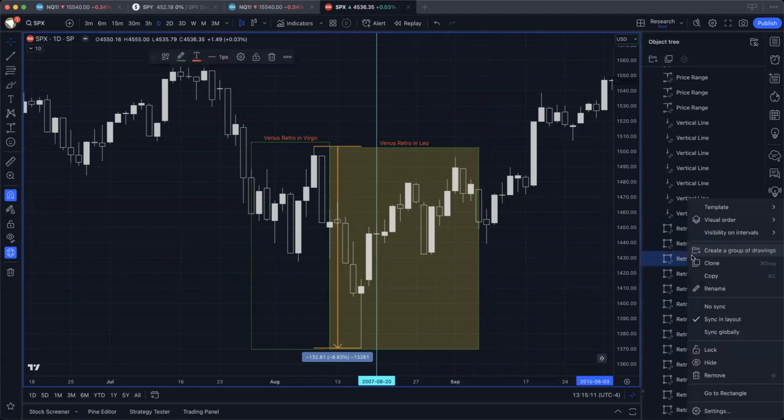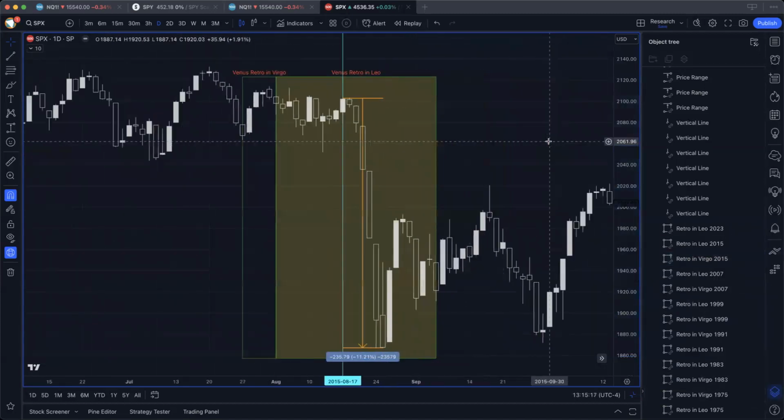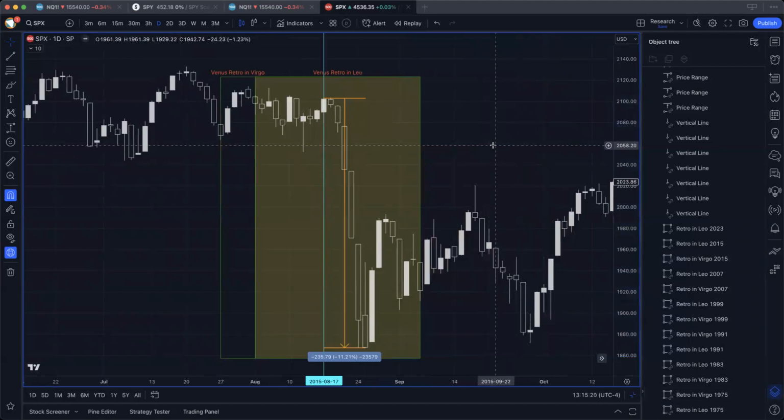And then 2015. Okay, so 2015 had a pretty significant flush down. The day of the midpoint was actually a major pivot here. And then after that, there was a huge flush down. The closing price of the retrograde cycle was significantly lower than the opening price here.